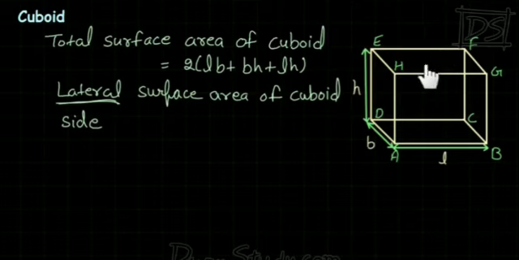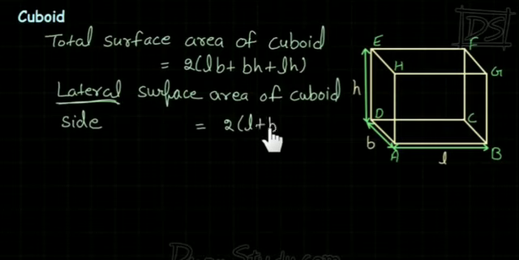Yes, students, not including the ceiling and the floor. Only the surface area of the 4 walls is the lateral surface area of a cuboid, which equals 2(L + B) into H. 2(L + B) into H is the lateral surface area of a cuboid.